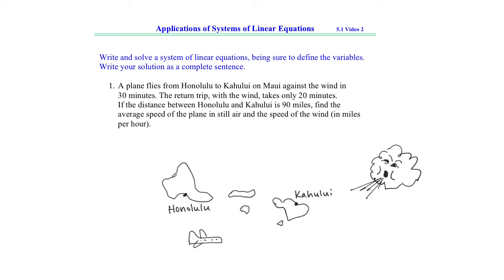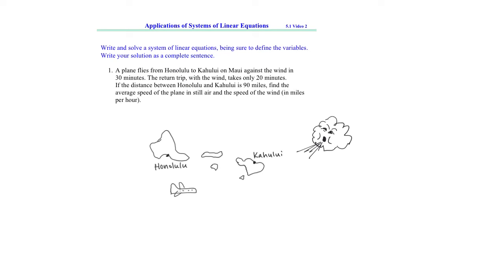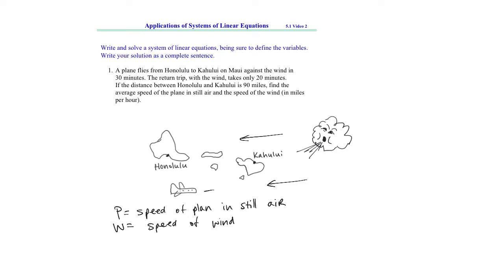And so if we let p equal the speed of the plane in still air and w equal the speed of the wind, on the way towards Maui from Honolulu, the trade winds are coming, and the plane is having to fight against those winds.